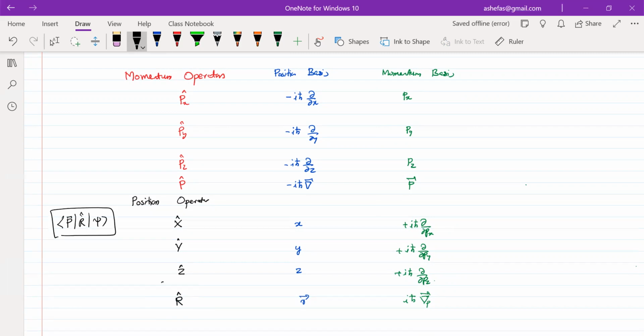From there, we can show that it is equal to the inner product ⟨p| iħ ∇p |ψ⟩. This iħ ∇p stands for the position operator in the momentum basis, and you can prove it yourself. And what is ∇p here?